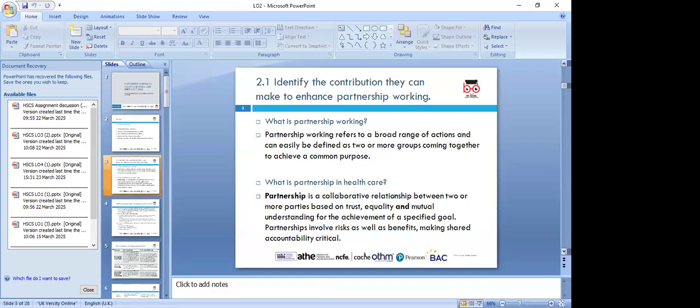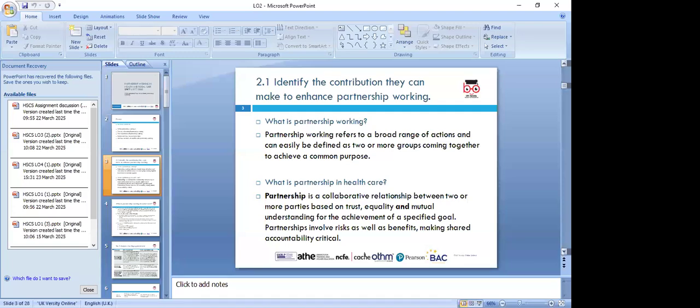And what partnership in healthcare means, obviously, is that it's a collaborative relation between two or more parties based on trust, equality, and mutual understanding for the achievement of a specific goal. Partnership involves risks as well as benefits, making shared accountability critical.